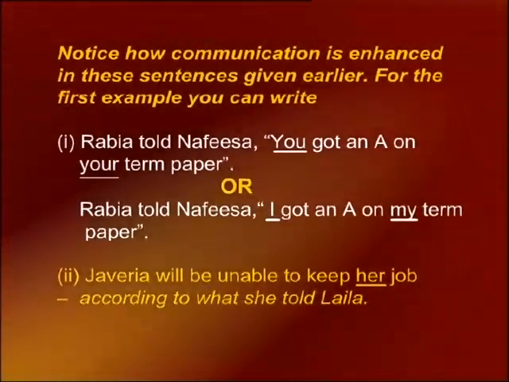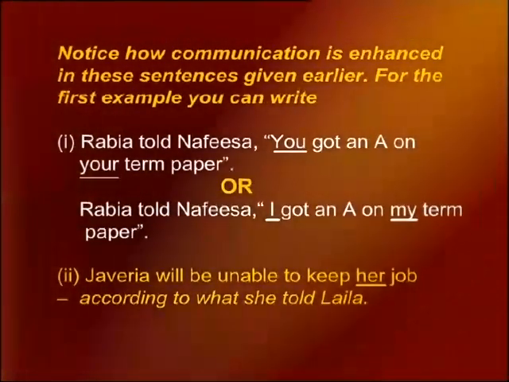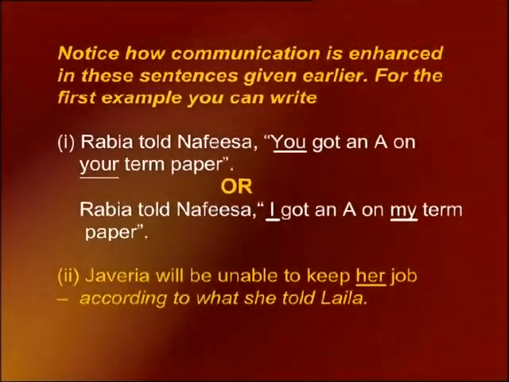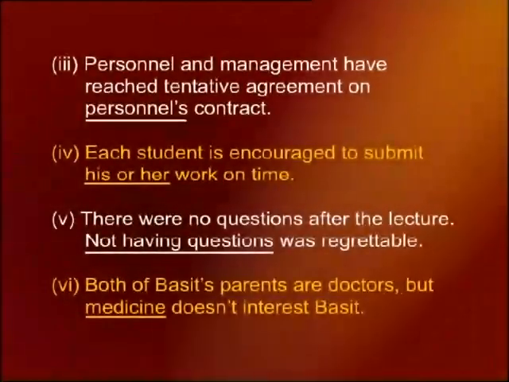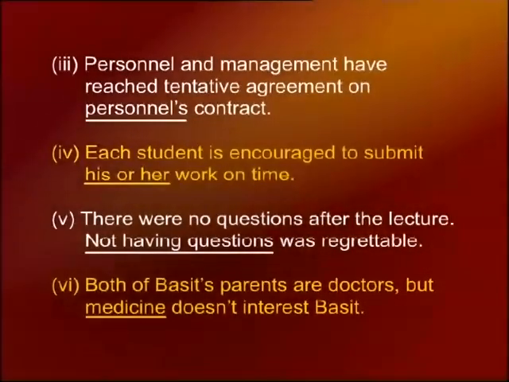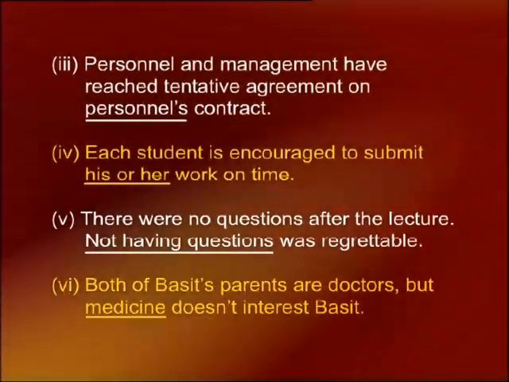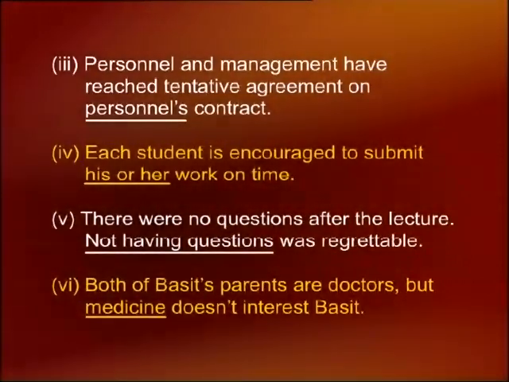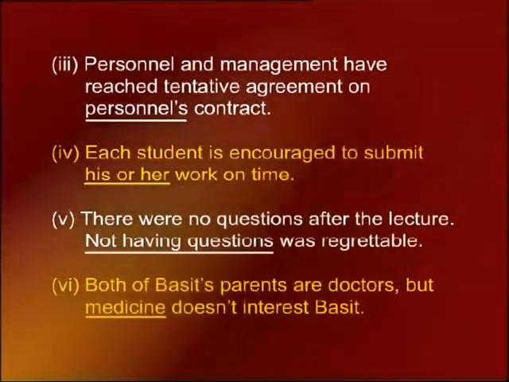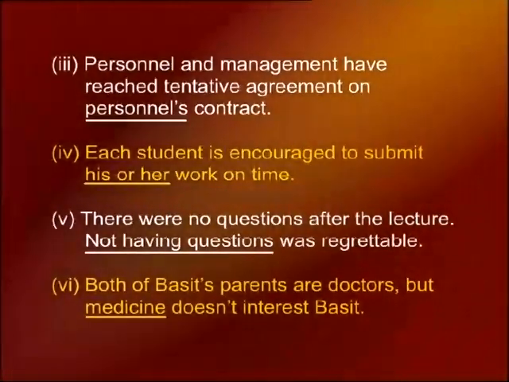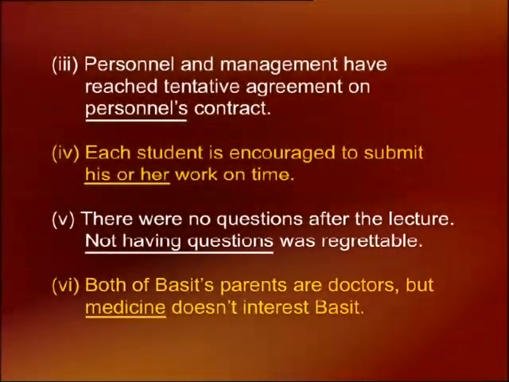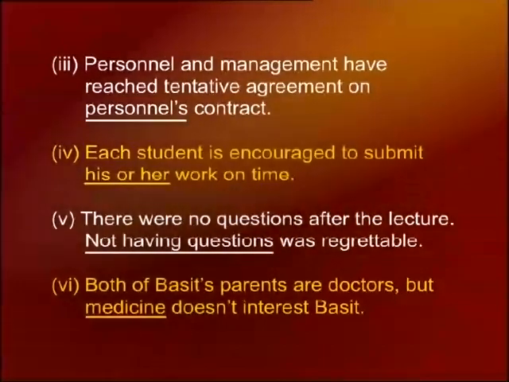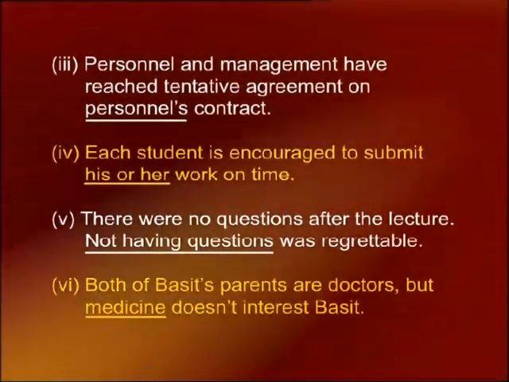Very simple. You've rewritten that sentence, and it makes it very clear who would be unable to keep her job. Number 3, personnel and management have reached tentative agreement on personnel's contract. No confusion. You could either use personnel or management, but here it is personnel's, and the confusion is no longer there. Look at the 4th example.